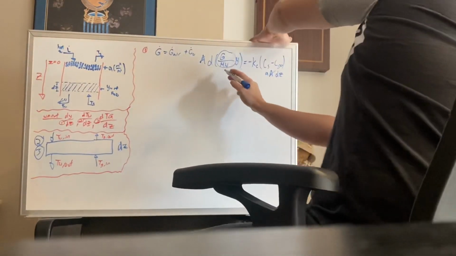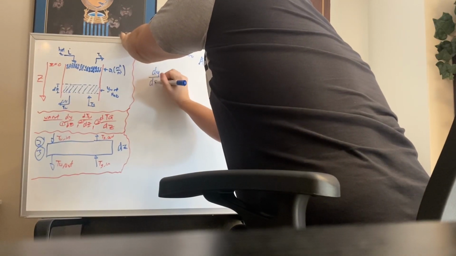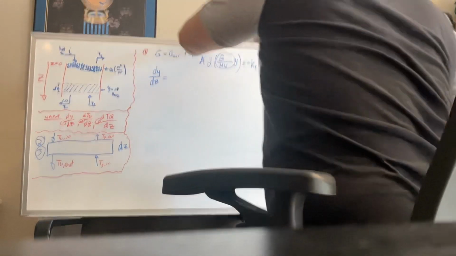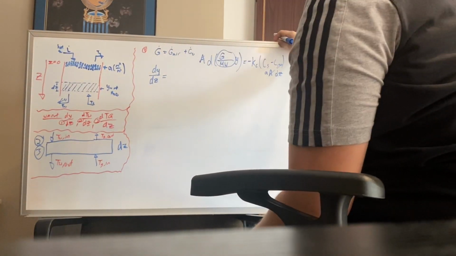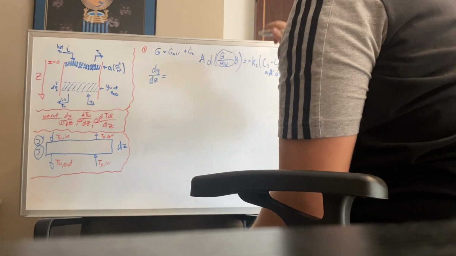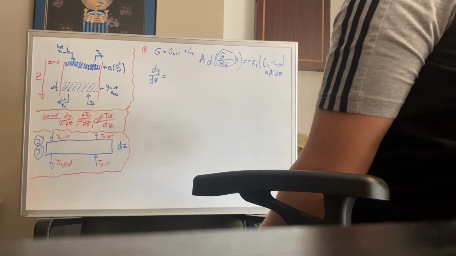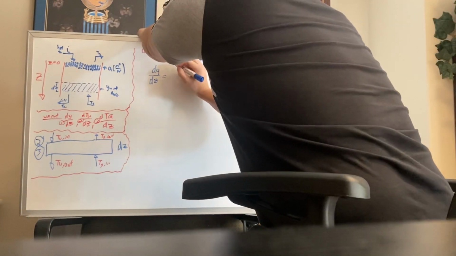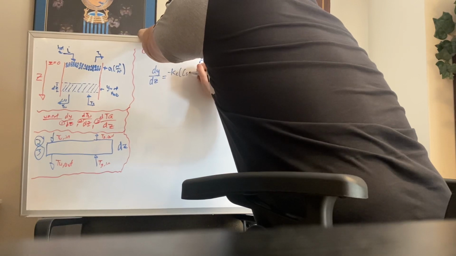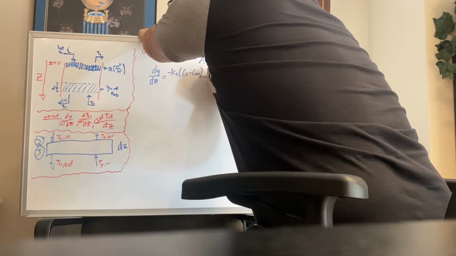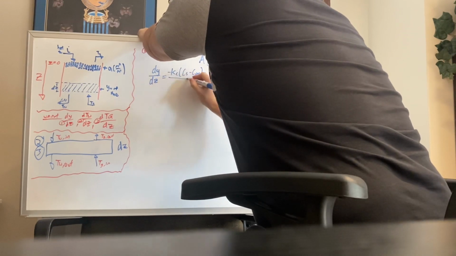So say we did pull this out, we would then be left with dy, and we would divide over dz. So we'll take this out and we'll divide this all over here. And so it's going to be negative Kc multiplied by the change in the concentration at the surface and the concentration someplace else, multiplied by the specific area.